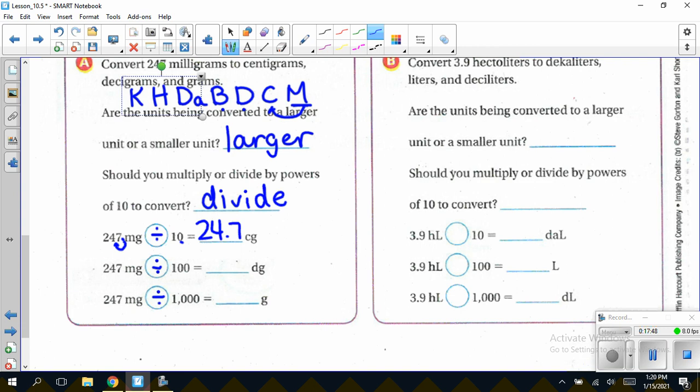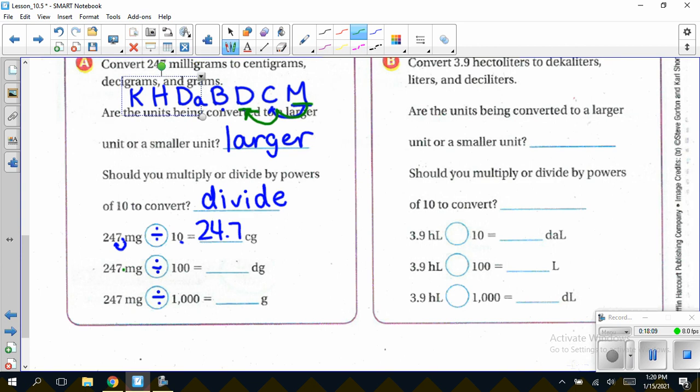Now, using a different color, I'm going to show the same thing from milligrams, but this time I need to go to decigrams. So I see that it is essentially dividing by 100. My decimal starts at the very end of the number. So 2 swoops to go from milligrams to decigrams.